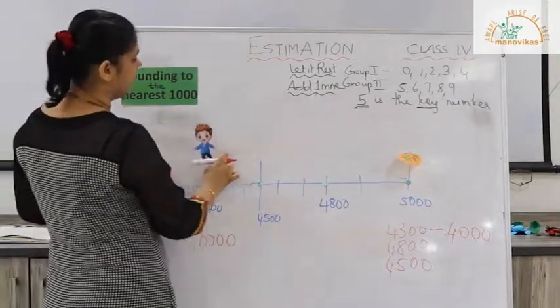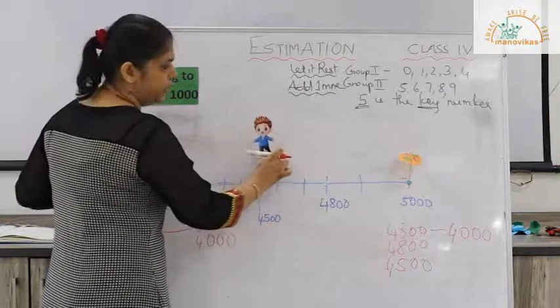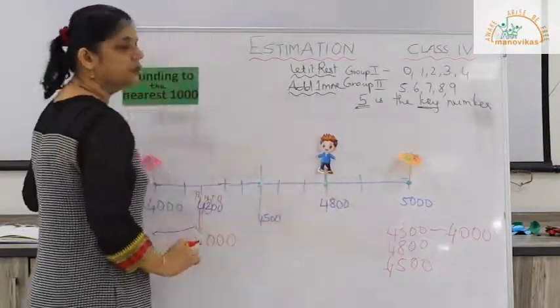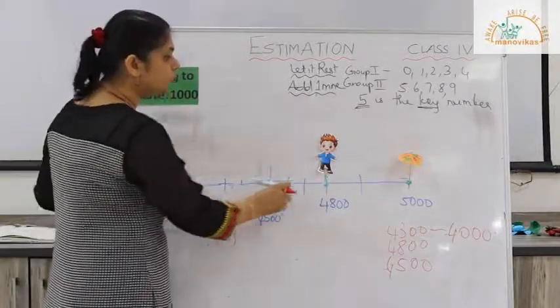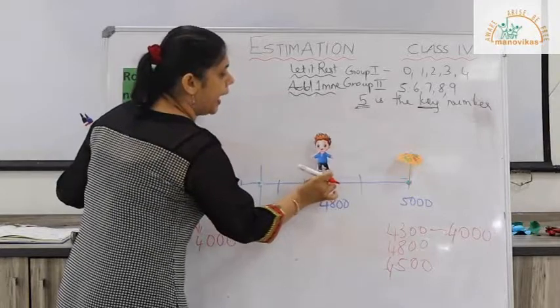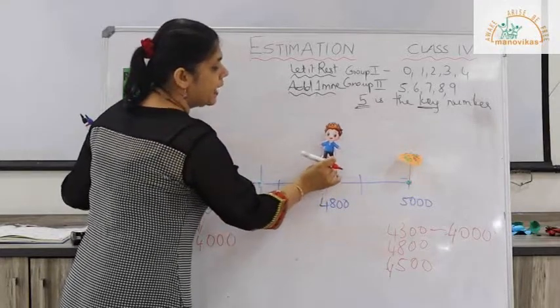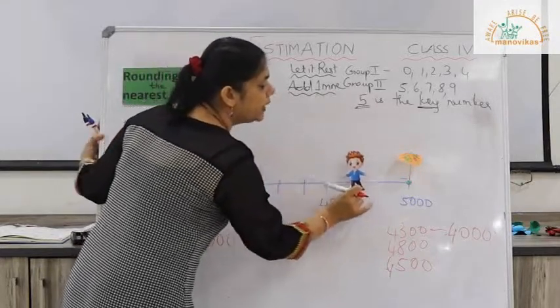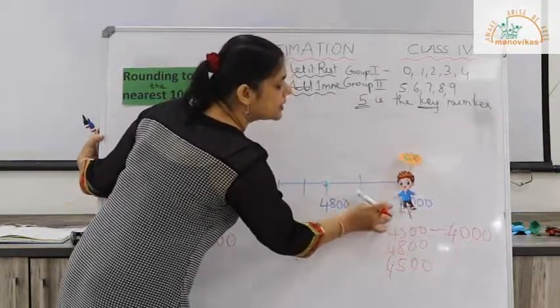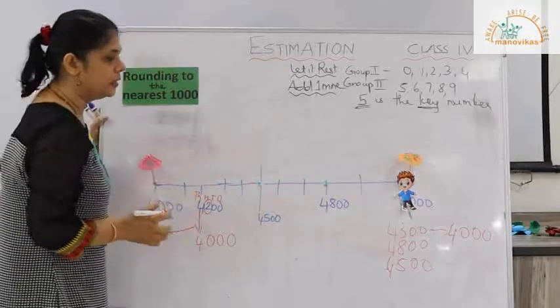Again Raju was going to his school. When he reached number 4800, it started to rain. So what did Raju do again? He looked this side, he looked to the other side, and he found that the umbrella on number 5000 was the closest. So he stood under this umbrella on number 5000.